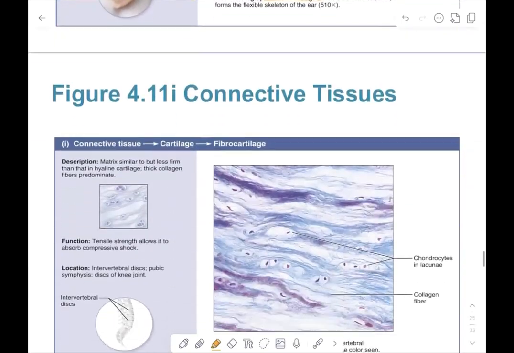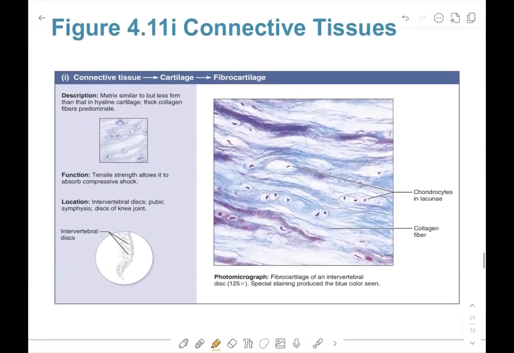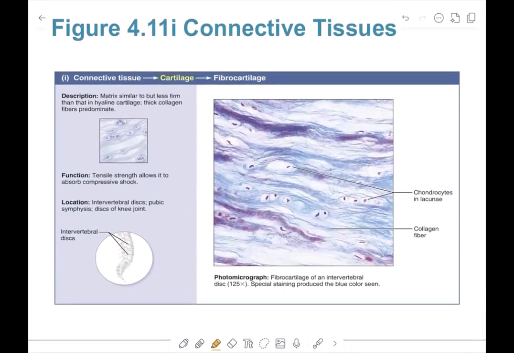Then finally, the third type of cartilage is what's called fibrocartilage. This is the strongest type of cartilage. So it has thick collagen that predominates. So remember, in hyaline cartilage, you really don't see the collagen, but in elastic cartilage, you certainly see a lot of elastic fibers. And in fibrocartilage, you see a lot of collagen fibers.